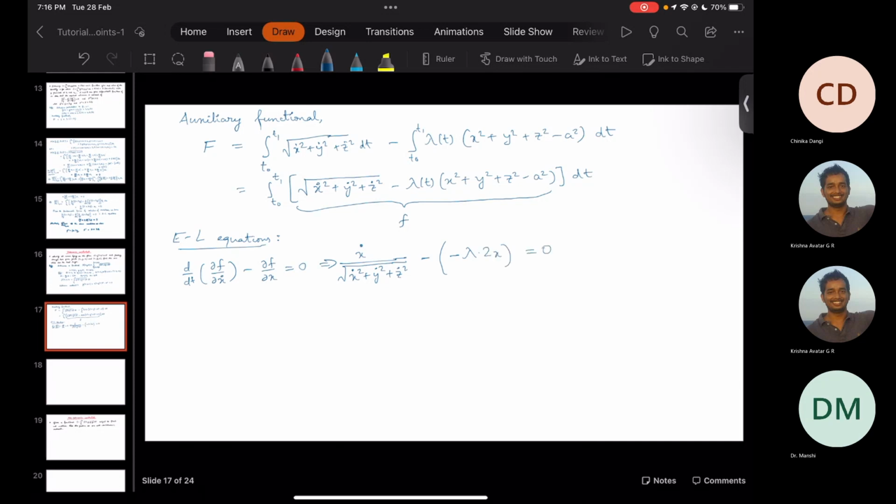This is equal to 0. So the equation is x dot by the square root of x dot squared plus y dot squared plus z dot squared, plus 2 lambda x is equal to 0. Fine.